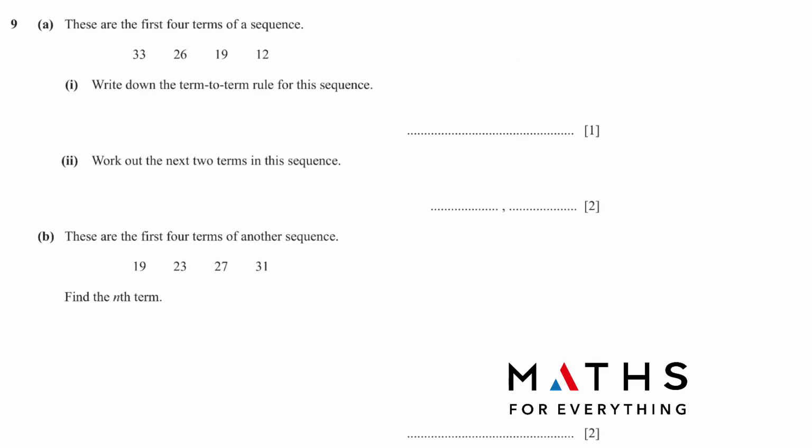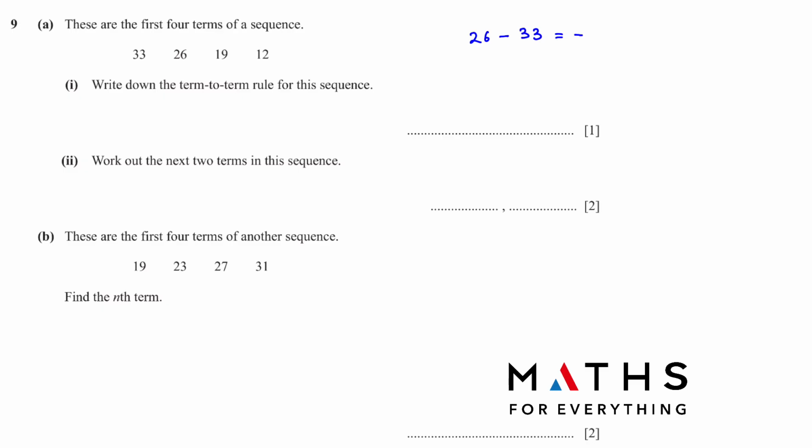Question 9a. We have been given the first 4 terms of a sequence. We need to write the term-to-term rule for this sequence. Let's check by finding the difference between each number. To do so, we'll take the second term and from that subtract the first term.